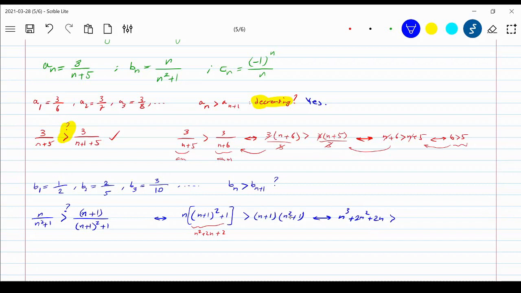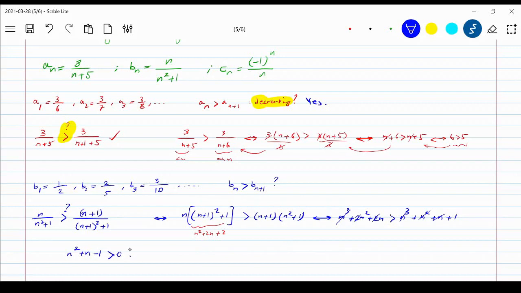And this is greater than, if you multiply the other side, you get n cubed plus n squared plus n plus 1. And you can simplify it a bit. You cross out these n cubes, you can cross out one of the n squareds, and you can cross out one of the n's. So what we end up with, moving everything to one side, is n squared plus n minus 1.